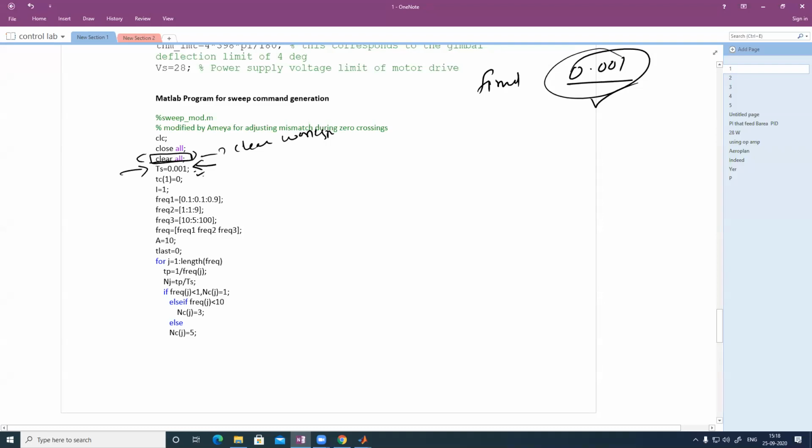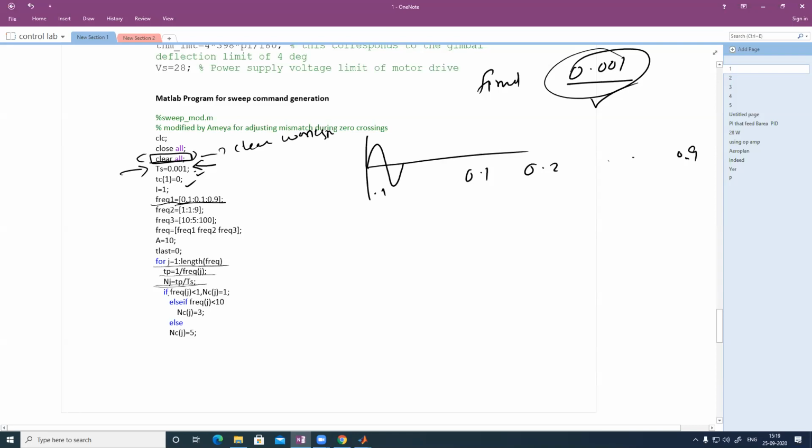TC is taken as 0 and L is taken as 1, and you are supplying frequencies 0.1 Hz, 0.2 Hz up to 0.9 Hz. For J equal to 1 to the length of frequency, you take TP and NJ.